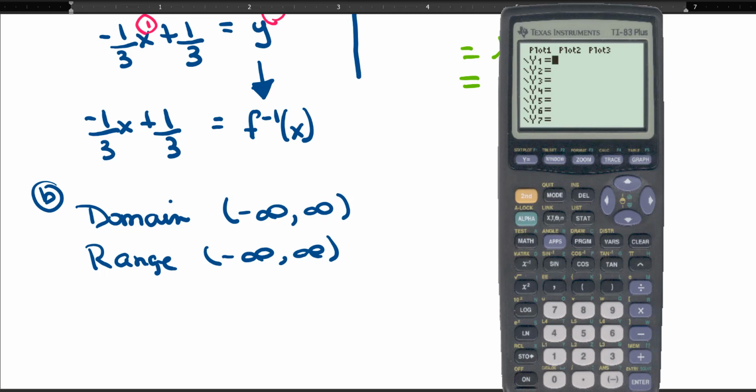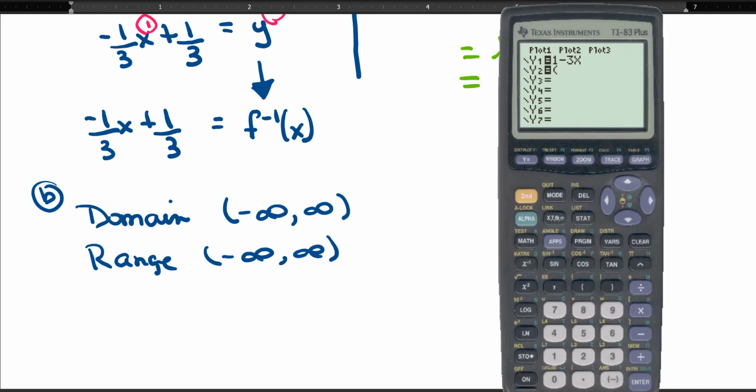We have 1 minus 3x, and let's go to y sub 2, the next line. And we're going to plug in, this is how we're going to do it.